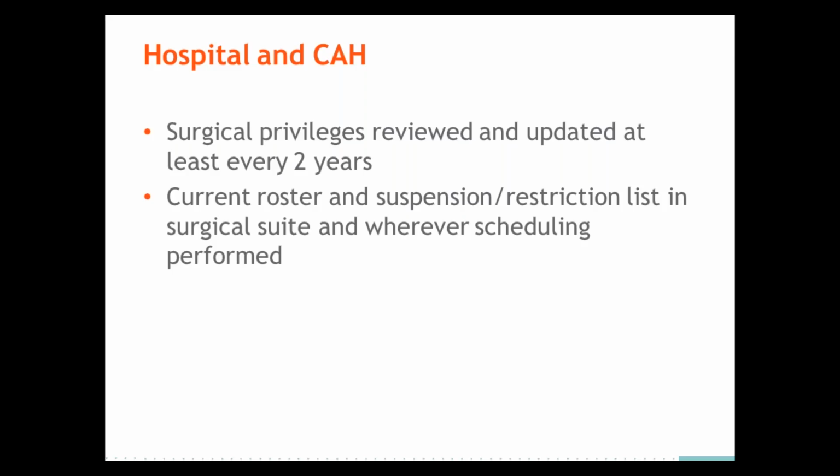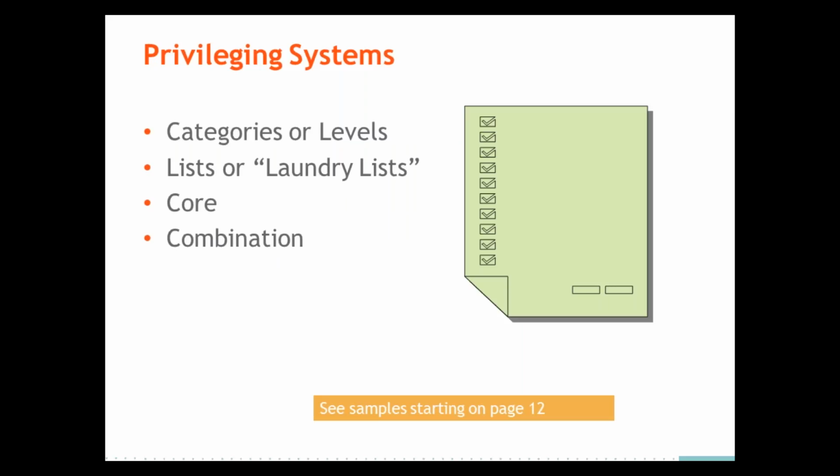So if somebody has their privileges suspended, for example, for not getting their medical records done, or they haven't renewed their medical malpractice insurance and they have an automatic suspension, then the surgical suite and any place surgery is scheduled has to be notified of those suspensions or restrictions.